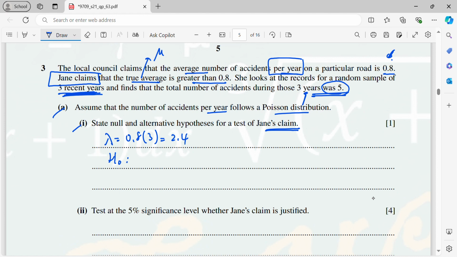Therefore my H naught, the null hypothesis, I will write mu or lambda, since this is Poisson distributed, so I will write lambda equals 2.4. And then Jane claims that it is greater than 0.8 per year. So therefore, expected mu is greater than 2.4 because here we are considering 3 years. So done for the first part.